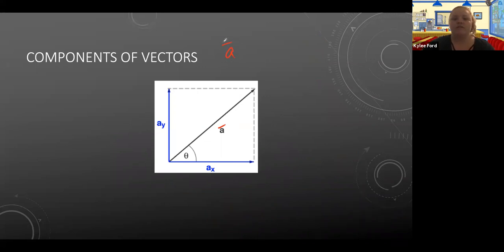If I have a vector A and I want to know its magnitude, sometimes people will put little bars on it to say magnitude, or you can just represent it by A. Now, in vectors, we have X and Y components, and if we want to break that down, we will have A bar equals AX plus AY. So this is how we break down vectors into their components.